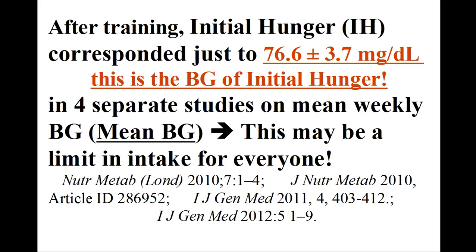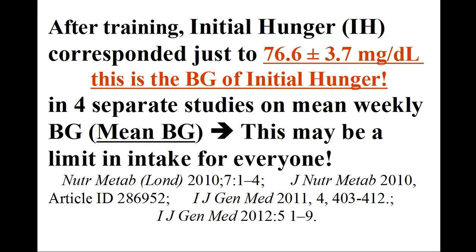In the previous slide, the subjects on the left do not change blood glucose, MBG, after training, but maintain the free choice meal pattern, that is associated with insulin sensitivity already at recruitment. This spontaneous meal pattern may be the reference meal pattern for all. Initial hunger, IH, and insulin sensitivity coincide right at 76.6±3.7 mg/dl.